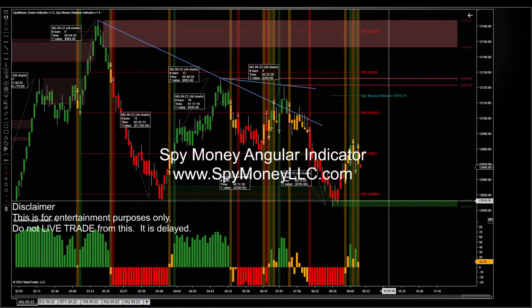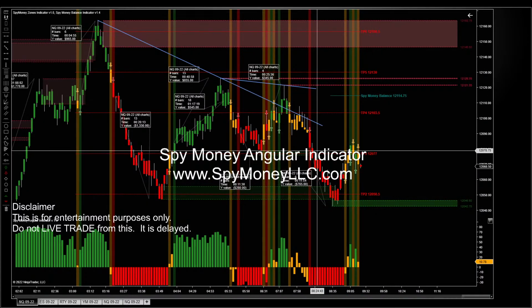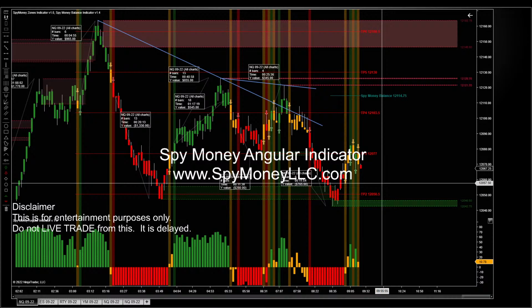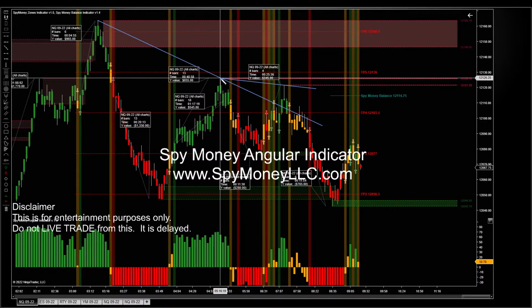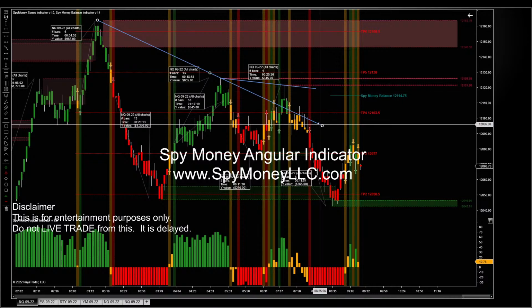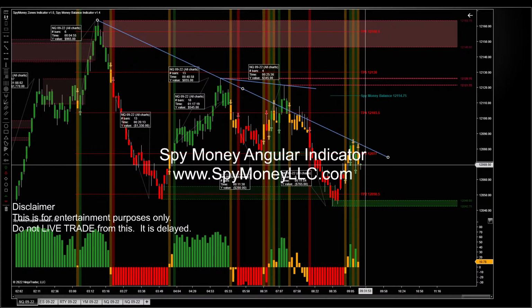We may come back down to this zone again. We may come down and bounce again. Our trend is going down. So we're right on it. Real close to that.